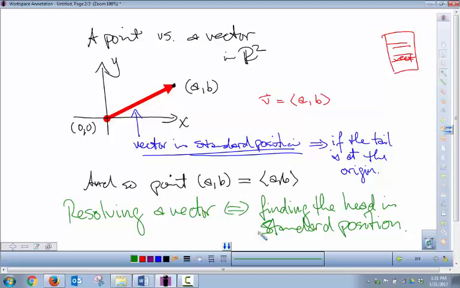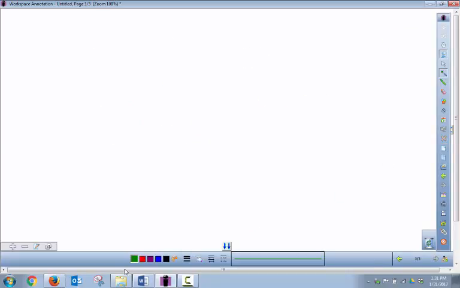All right, let's talk about adding, subtracting, and all kinds of other stuff that we can do with vectors. Let's take a look at this from a visual point of view first, and let's draw a couple of vectors. Let's call them V and W. We're curious about what V plus W might look like.